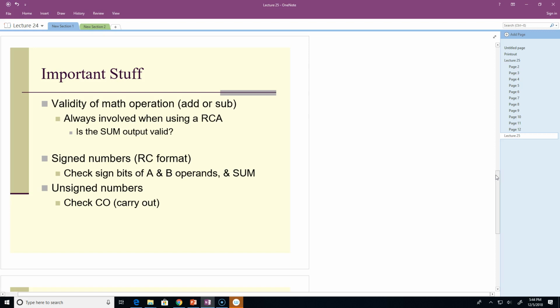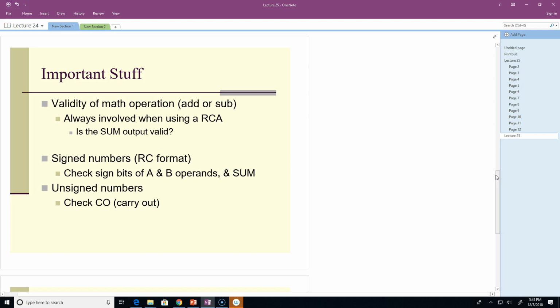The ripple carry adder is adding two things, and no matter how you use it, you always have to consider whether the answer is valid or not, which means whether the sum output of the ripple carry adder represents a valid number based on the operation you're doing.